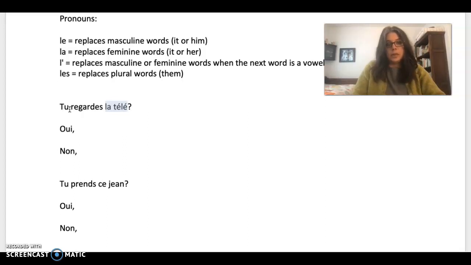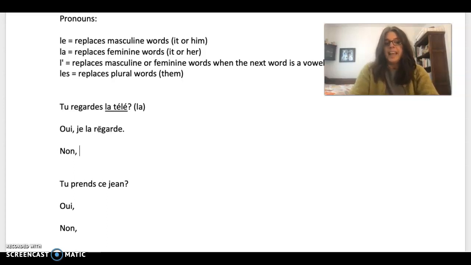So that's really the only tricky part of this. So we're going to replace la télé with the pronoun la, and we're going to move it. So it's going to be oui, je la regarde. I watch it. In French, it's really I, it, watch.